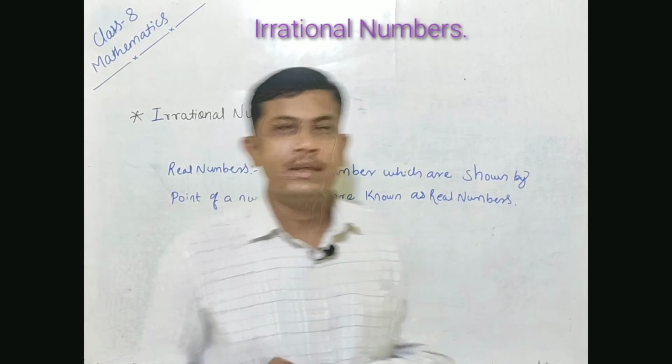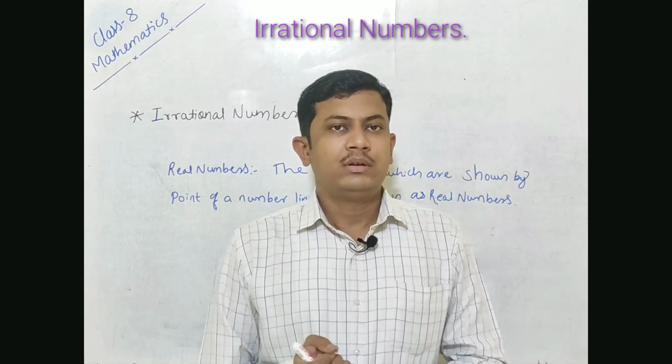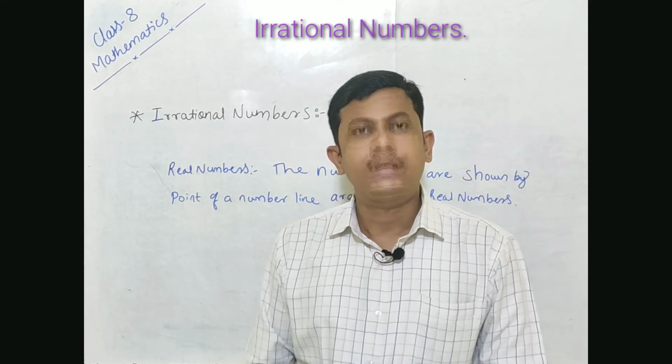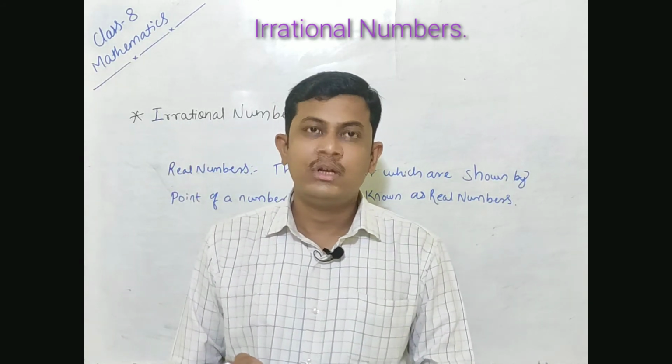Means on a number line there is a unique representation for each number. So such representation is known as the real numbers. So all the rational numbers can be shown on the number line.